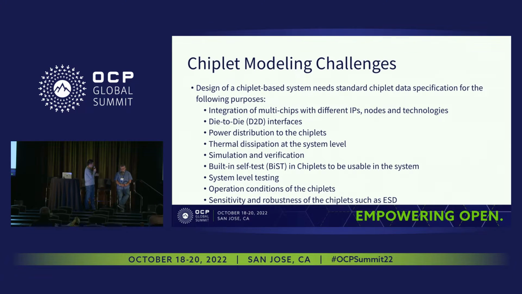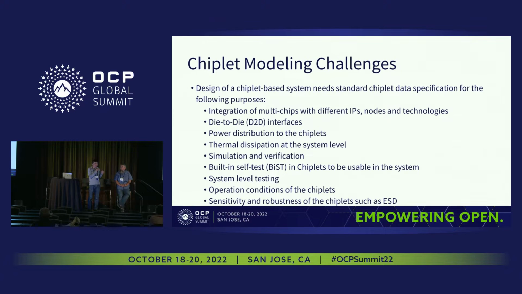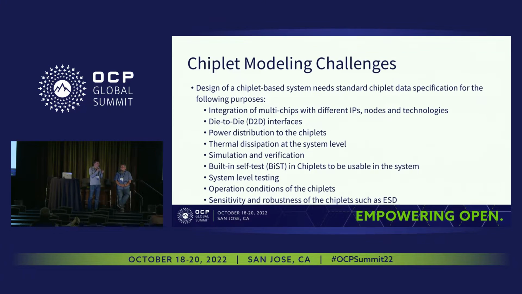And lastly, there are the sensitivity and robustness of the chiplets, such as ESD. I think this has been one of the areas that has been underserved in many ways. Recently we have been talking in the CDX workstream as well that a lot of this information today is available only in PDF format, so there are not really many tools, like even EDA tools.